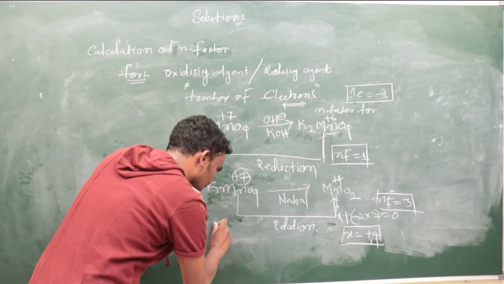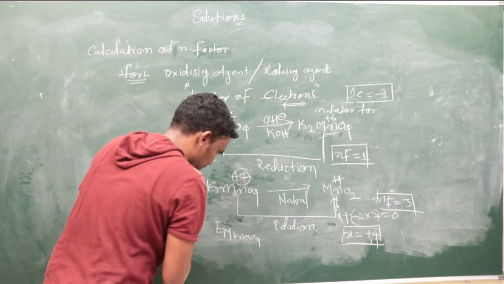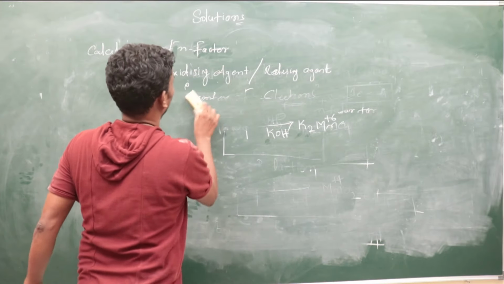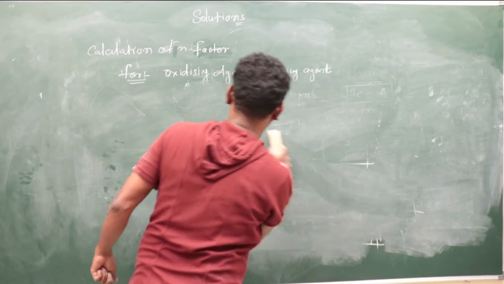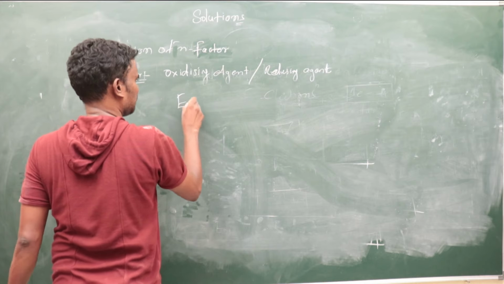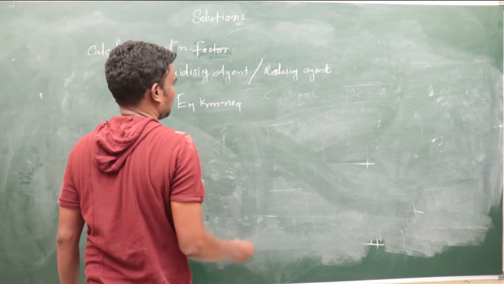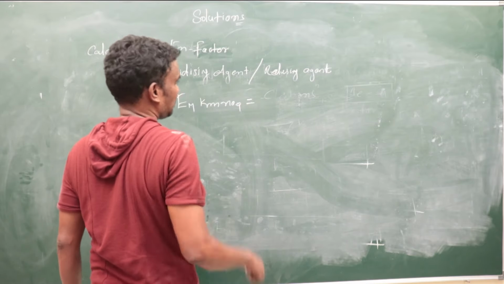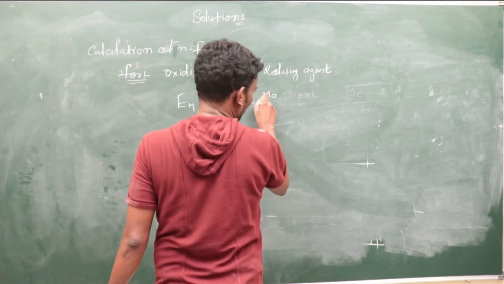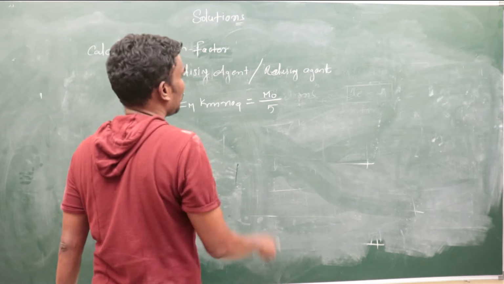Now, see, sir, equivalent mass of KMnO4 in acidic medium is molecular mass of KMnO4 by 5. Why? Because 5 electrons are gained.